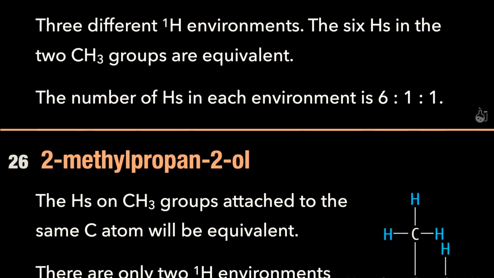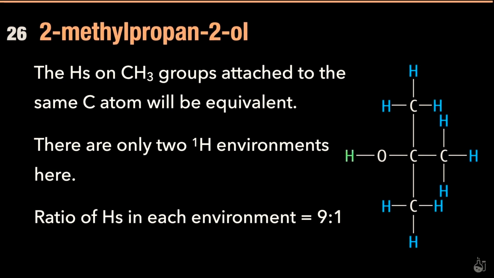A 4-carbon tertiary alcohol, 2-methyl propan-2-ol. This is actually CH3, C, CH3, CH3, OH. It is symmetrical also, but what's beautiful is the H's on each CH3 are equivalent to the next CH3s, because all of them are CH3s bonded to the same carbon atom, which is what makes them equivalent.